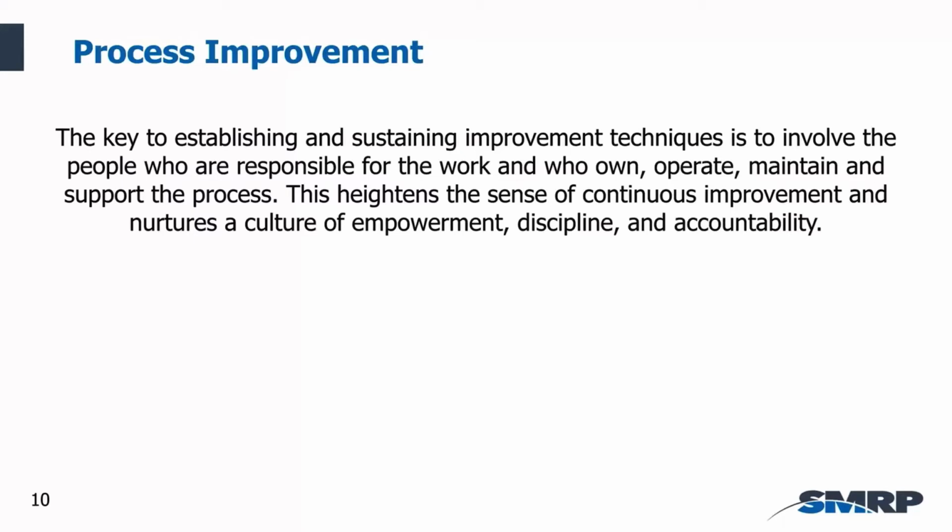So this is the key to establishing and sustaining improvement techniques: to involve people who are responsible for work and who own, operate, maintain, and support the process. This heightens the sense of continuous improvement and nurtures a culture of empowerment, discipline, and accountability.